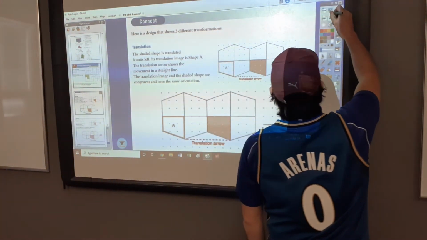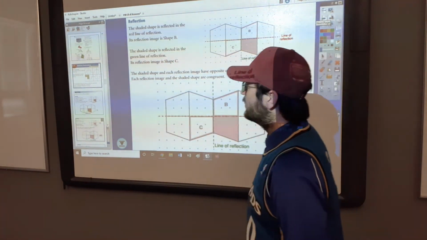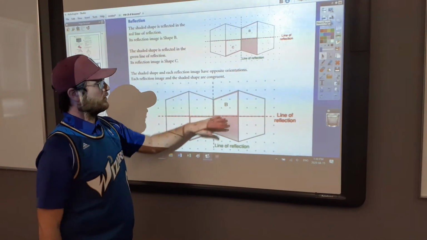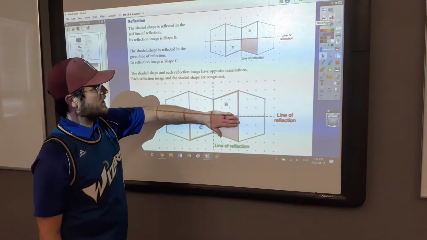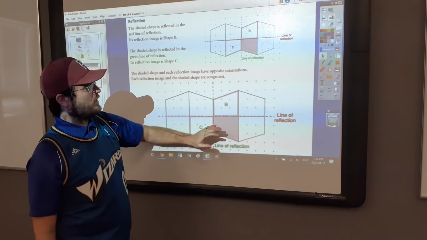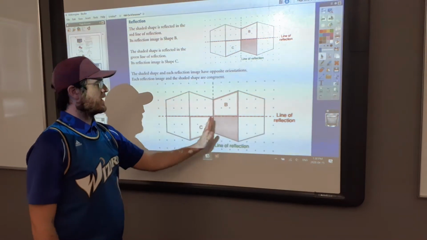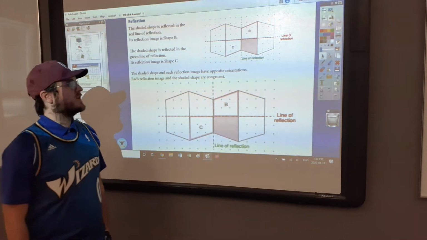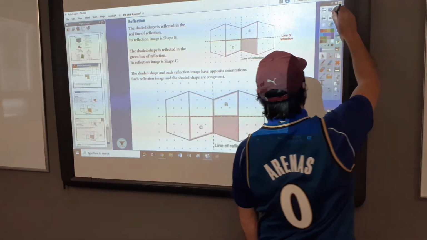Okay. A reflection, usually the reflections we see are on a vertical or a horizontal line. So if I'm taking this shape, I can reflect it and it's going to mirror what the shape looked like over here. C is a reflection across the vertical line there. So take a look at it in your book as well.